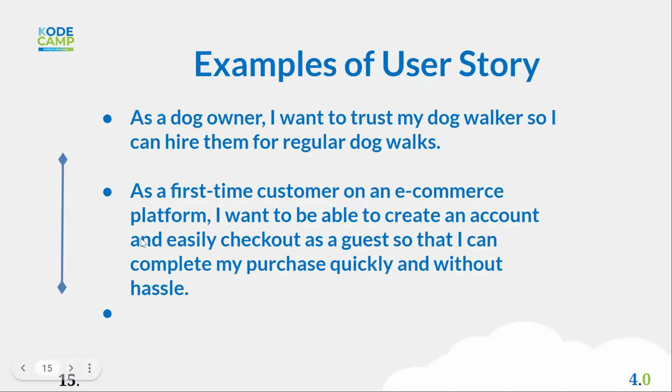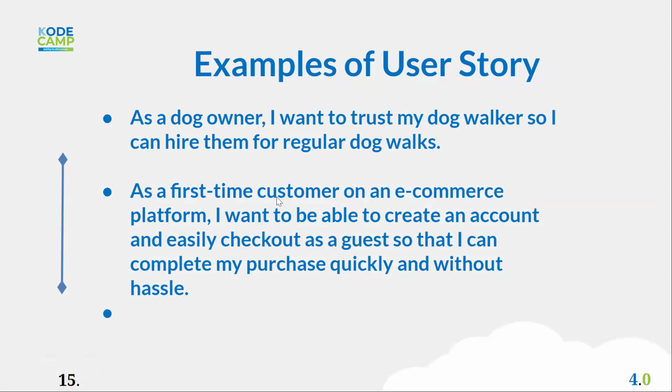So you have other examples. As a dog walker, I want to trust my dog walker so I can hire them for regular dog walks. Type of user, dog owner. His action, trust my dog walker. Benefit, so that he can hire them for regular dog walks. You also have another example.